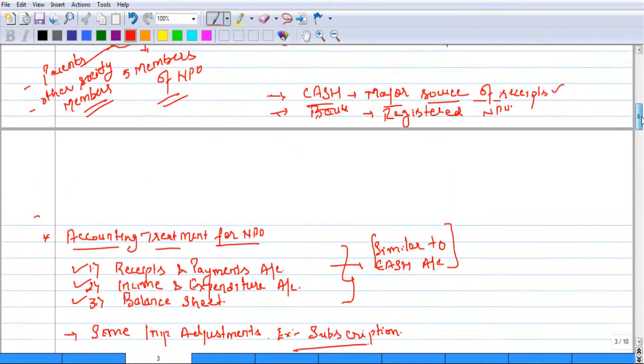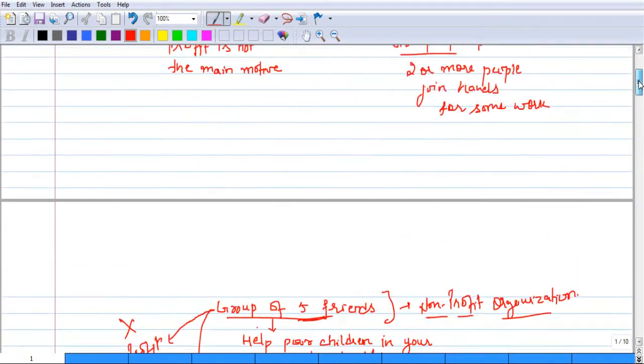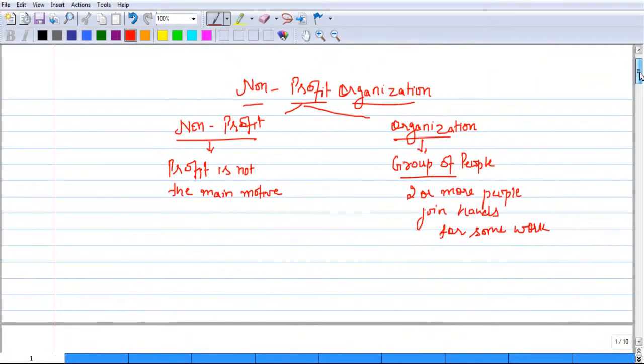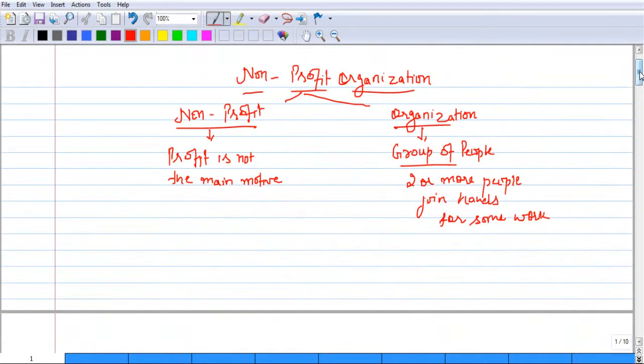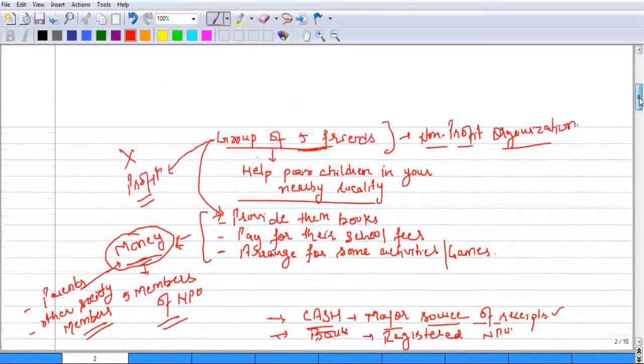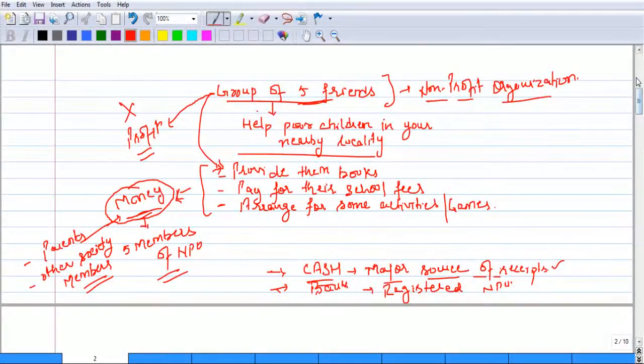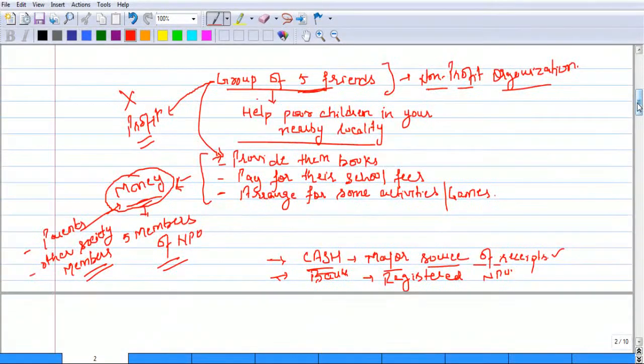So my main purpose was to make you understand what an NPO is. It is an organization, a group of people whose main motive is not to earn profits, but to help people and contribute to a social cause. That is the main purpose of an NPO. The major transactions are in cash. And why is the accounting done?